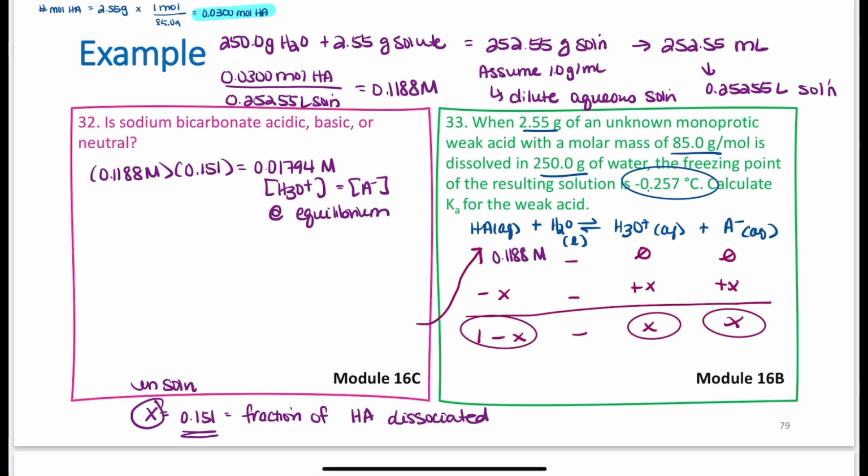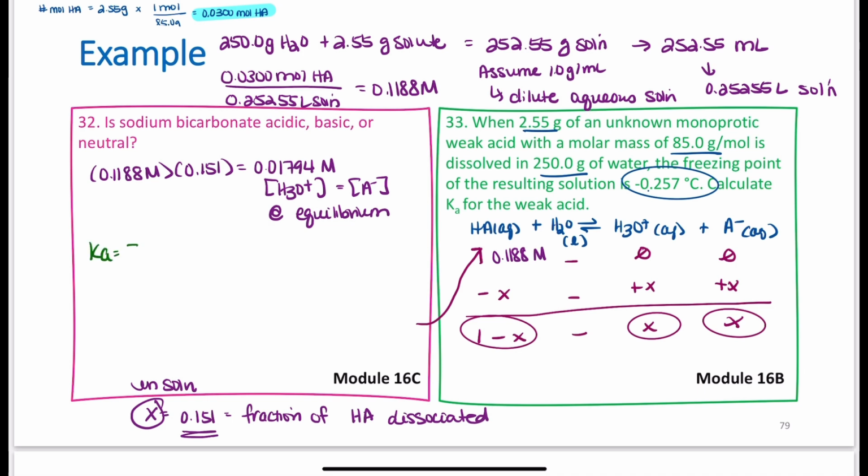Again, I found that basically 15% broke off, which was 0.151 in fractional form. So 0.151 of that 0.1188 is the amount of H3O plus and A minus I will actually form.